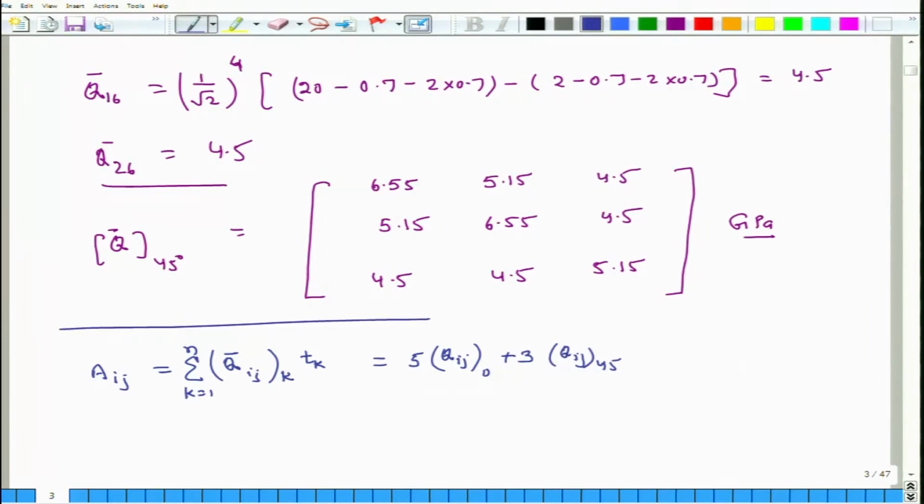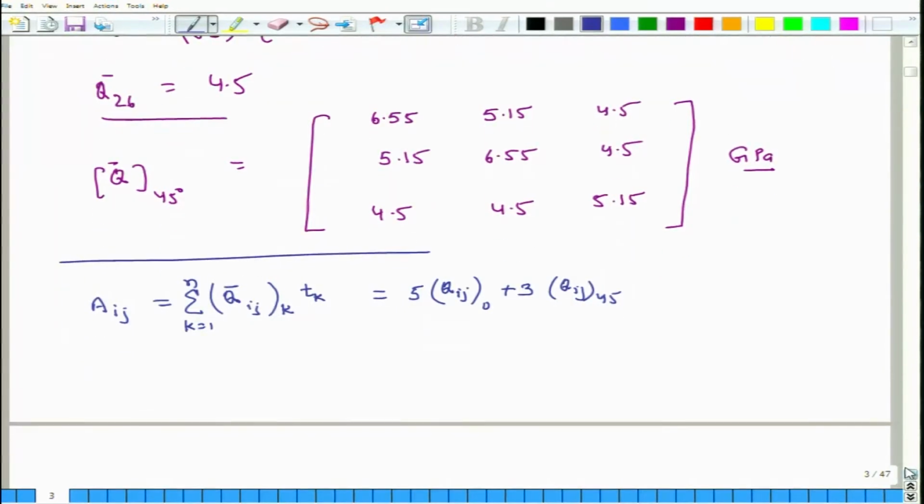Here I am putting values in millimeters. We can also put it in meters, but the mathematics becomes a little simpler this way.